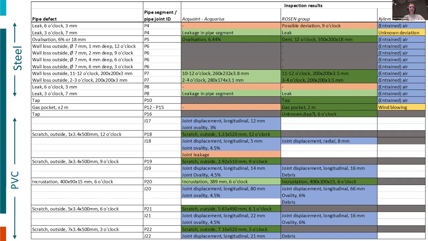So that is also something that was definitely there, but we could not compare with the real values.